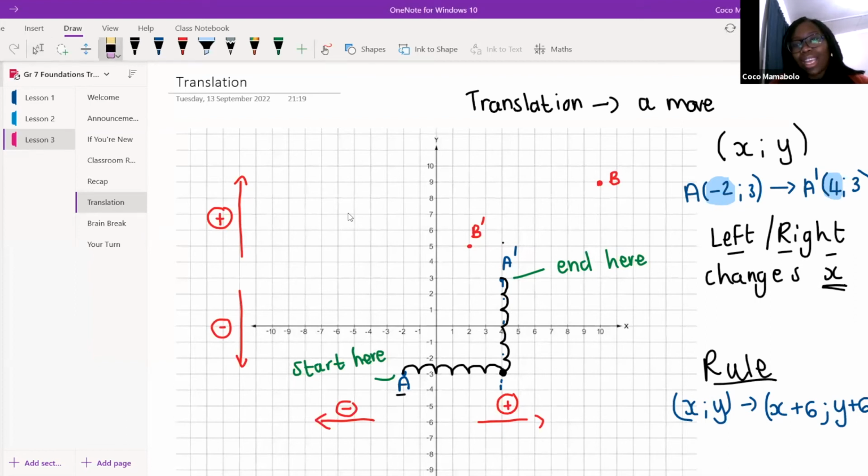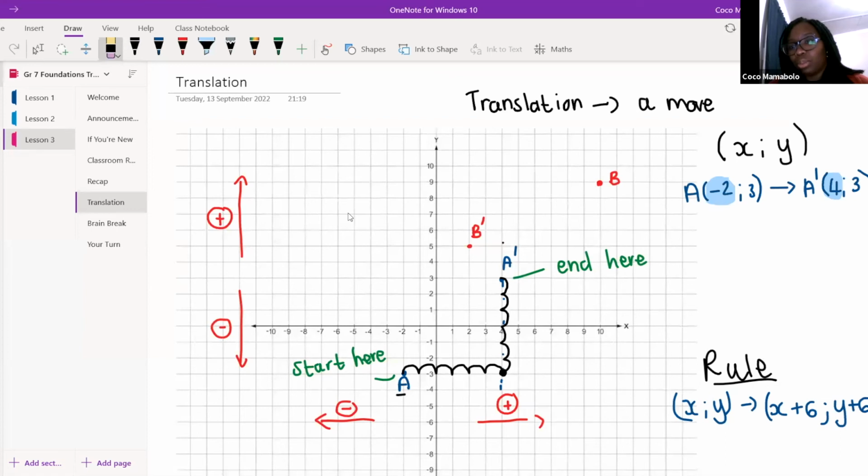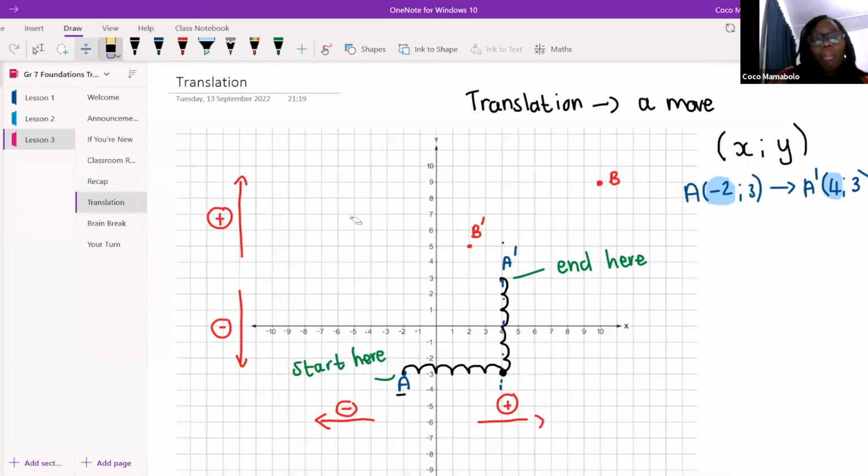Do we understand the rule? I want to write the rule right underneath A and A prime because that's where we need it. Guys, pop the rule in the chat for me, and write it exactly the way I'm writing it. I moved from x and y. What did I do to x?